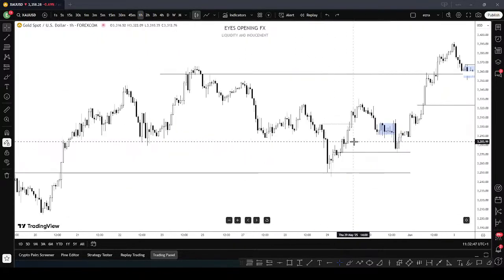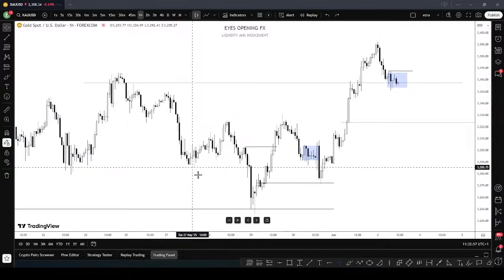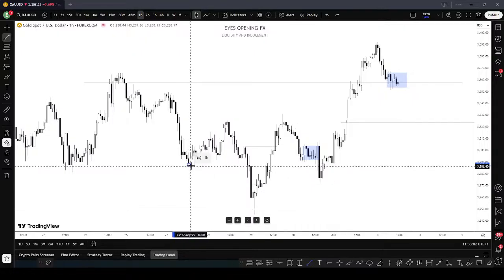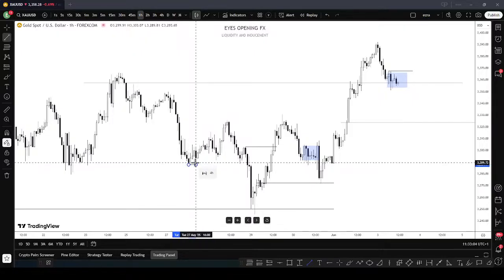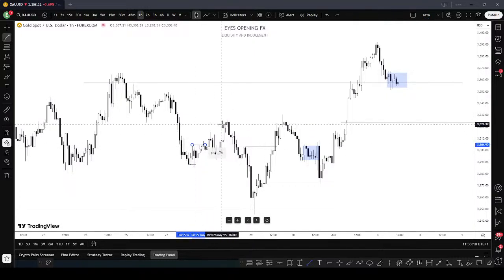Another one is inducement. This type of inducement is when the market knows that they will buy, and you yourself are also expecting that buy to happen. So both smart money and we, the retail traders, are expecting the market to buy. For example, right here, you're expecting this buy to happen.